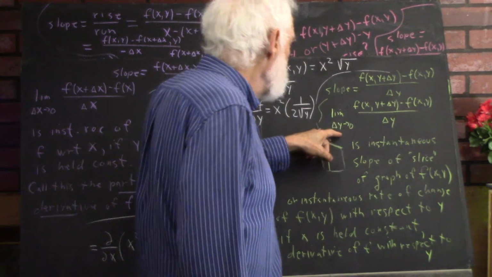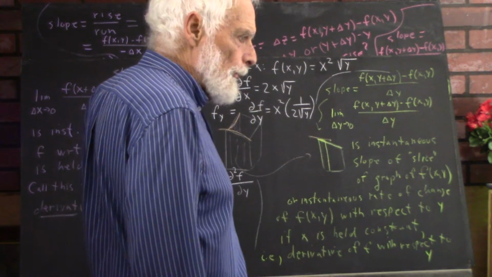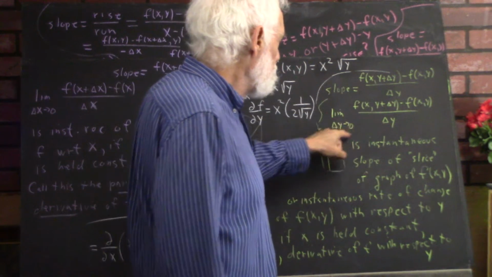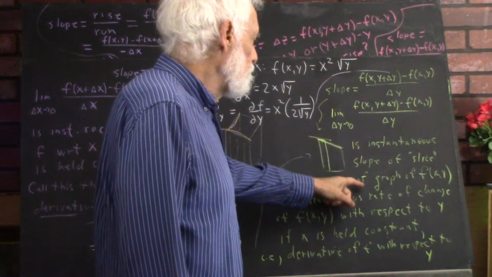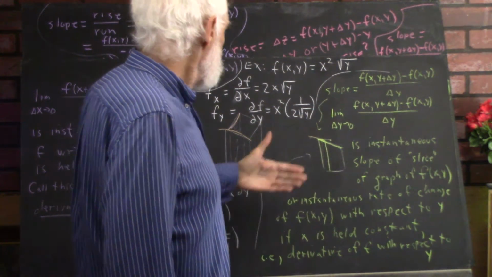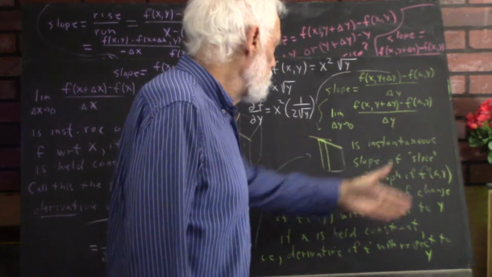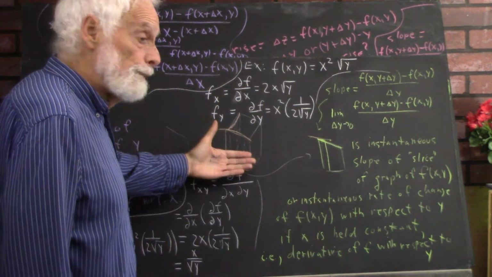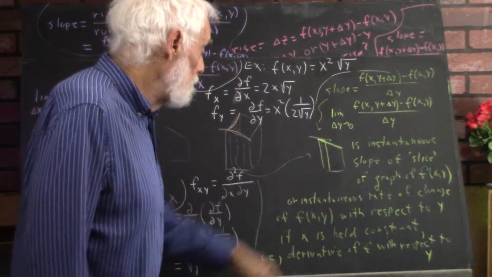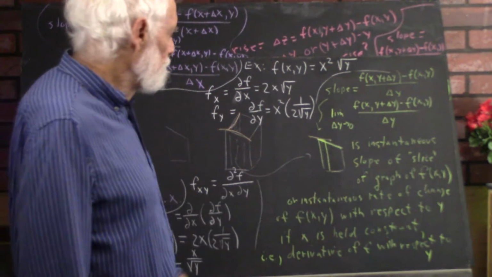If we take the limiting value of that slope, this slope, as delta y goes to 0, we approach the instantaneous slope of a slice of the graph of the f of xy function. What we've got here is a slice of the graph. The green polytope is a slice of the graph.